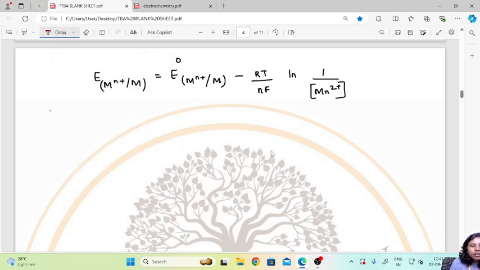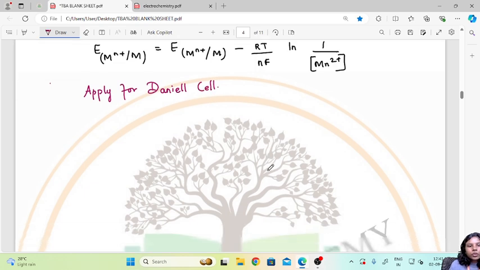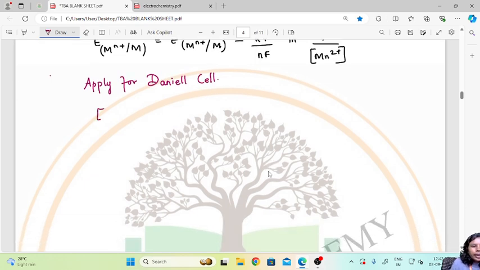Now the same thing, if we apply this for the Daniell cell, first let's write down what happens at anode and cathode. So at anode we have oxidation.